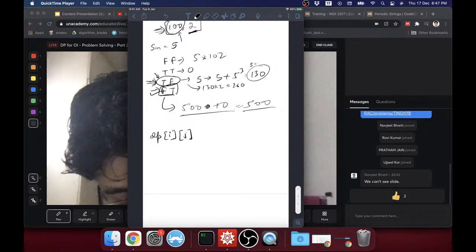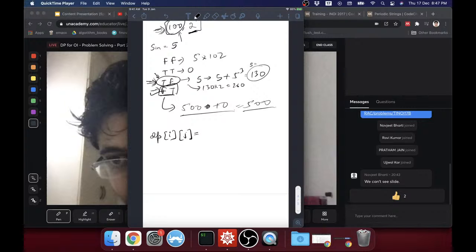denotes, like what we covered in the last lecture, always try to convert your DP definition into an English sentence first, then make the recurrence. So what do you need to know when you're doing DP[i][j]?